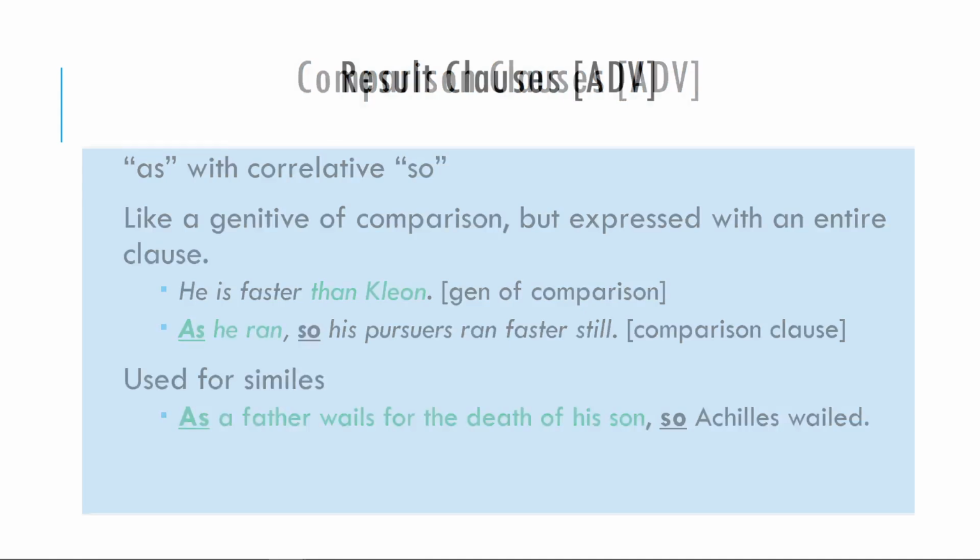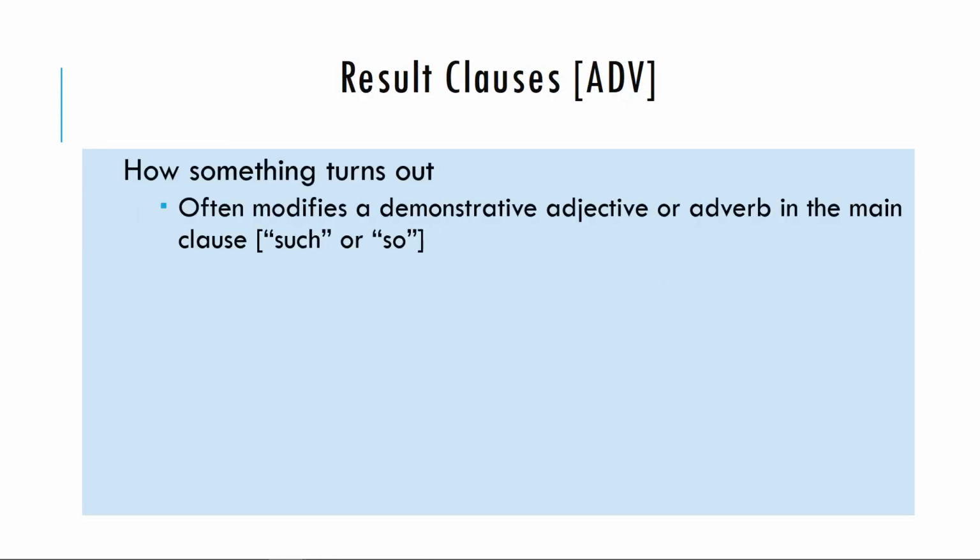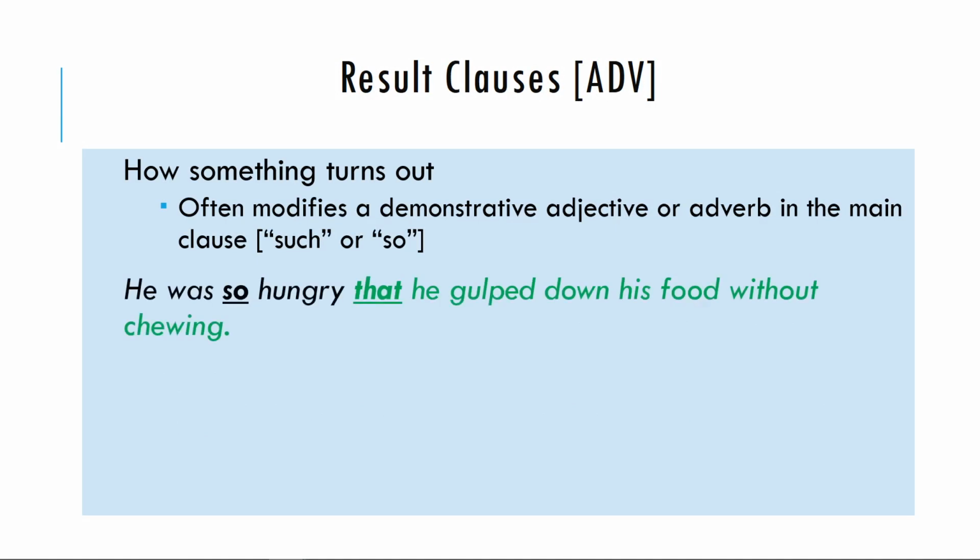Another fairly obvious label is a result clause, how something turns out. And these are normally labeled as adverb, and there's usually a corresponding demonstrative in the main clause. He was so hungry that he gulped down his food without chewing.